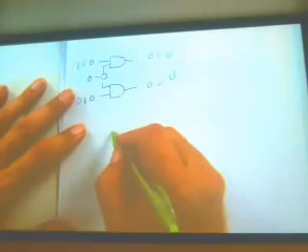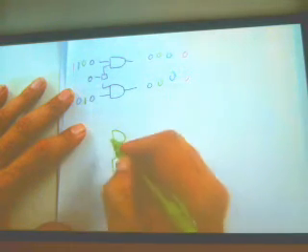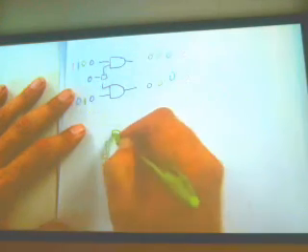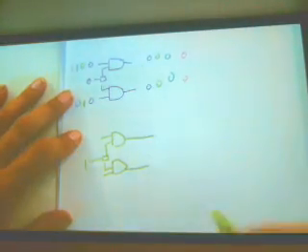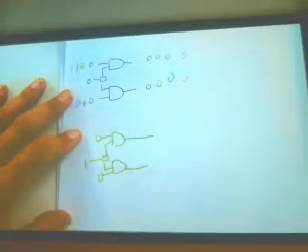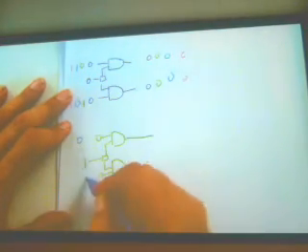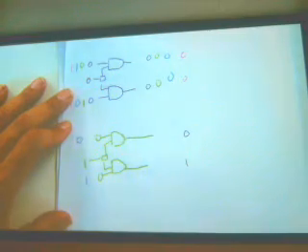Let's try to keep this. Now that's a 1. So if I put a 0 and a 0, obviously the outputs are 0, correct? What about a 0, 1? What are my outputs? 0, 1, right? What about a 1, 0?